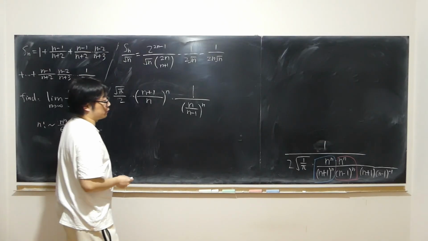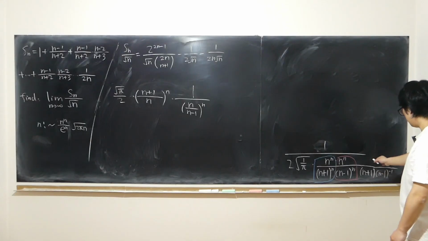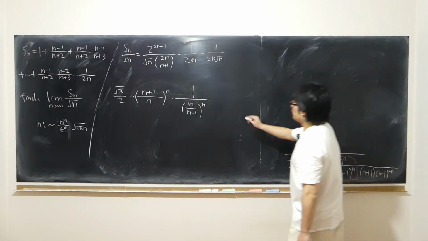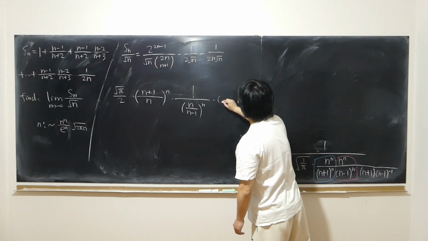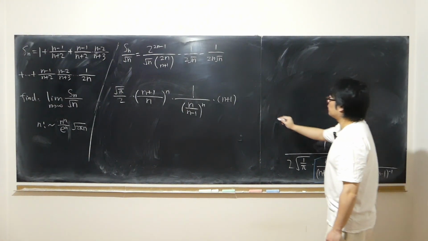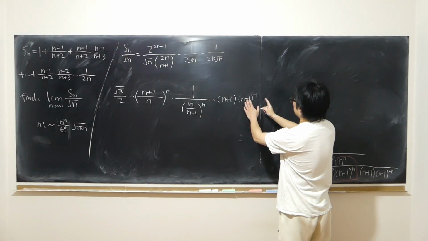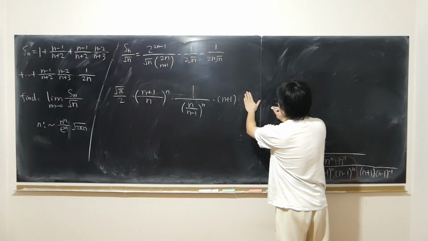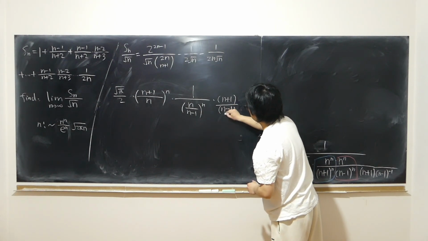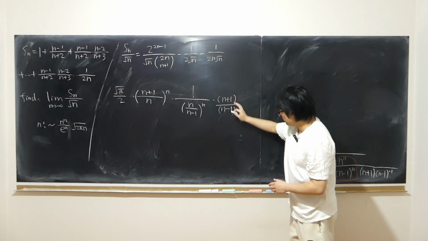Then the remaining is 1 over, maybe flip this one, n minus 1 to the power, but that's just the reciprocal. Ultimately, don't even worry about this one, because this one approaches 1.